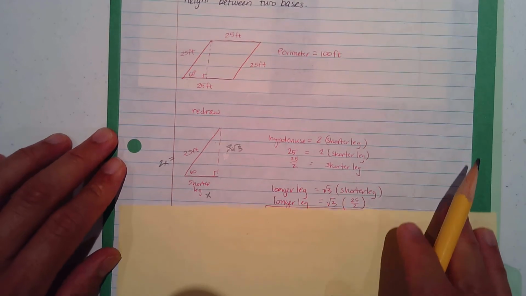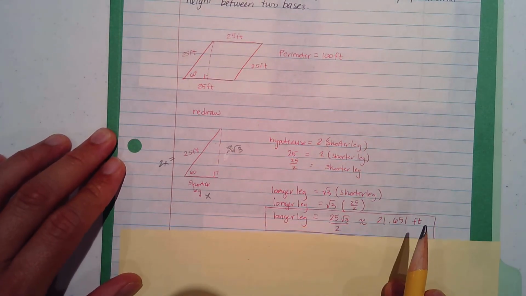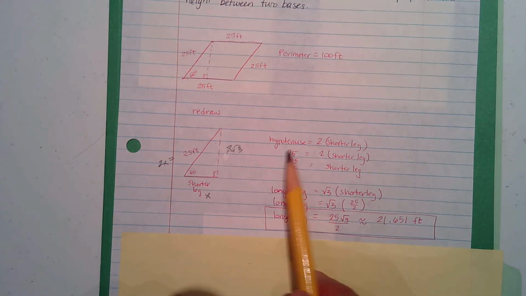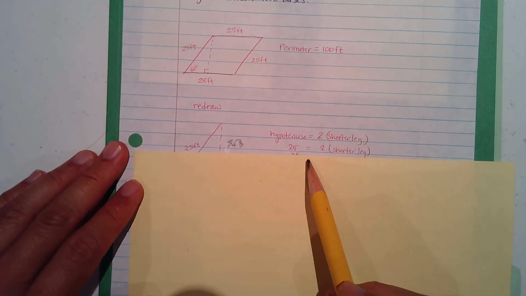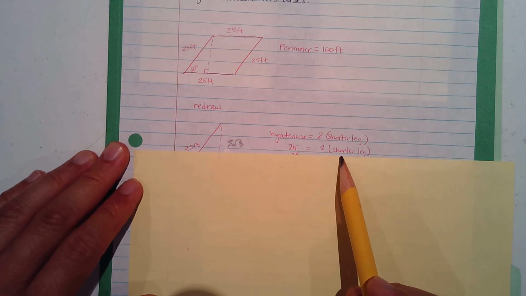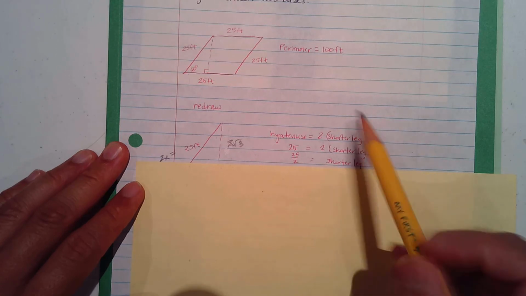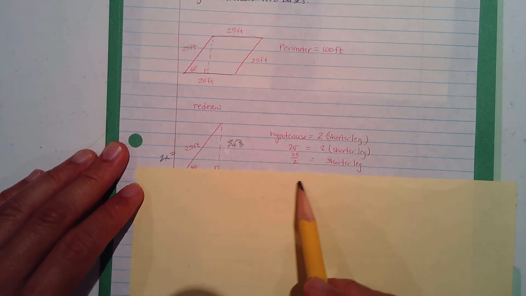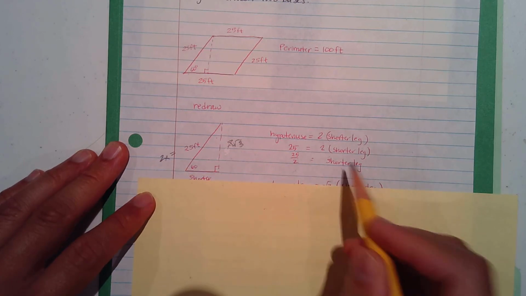So now let's find out what this height is. So what we're going to do is take the hypotenuse, 25, equals 2 times the shorter leg, which is x. So we divided by 2 on both sides, so that's our shorter leg. So 25 over 2 equals our shorter leg.